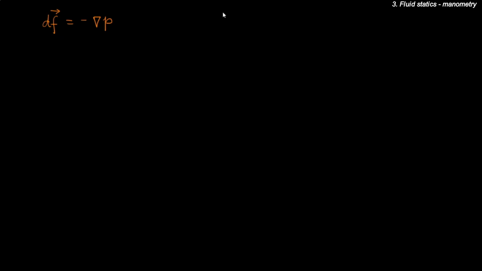But what is the physical meaning of this particular minus pressure gradient? And it will pop up at quite a few places throughout our study in fluid mechanics. So it is worth looking into the physical interpretation of the negative pressure gradient.